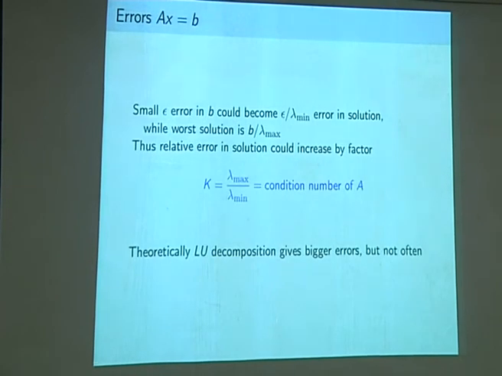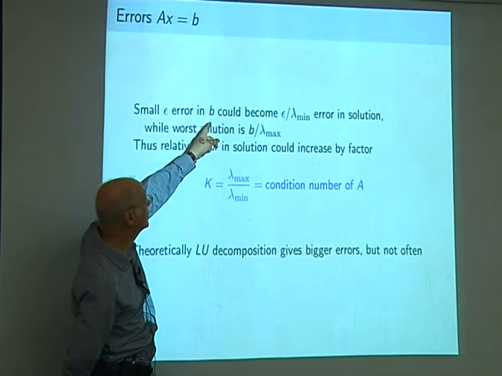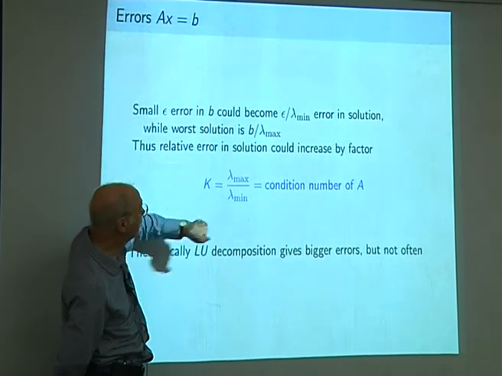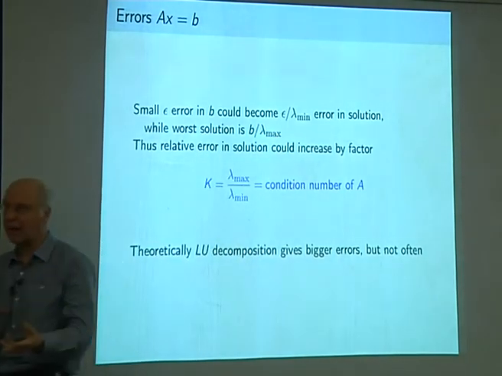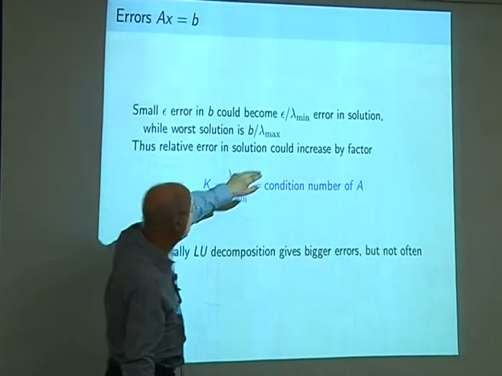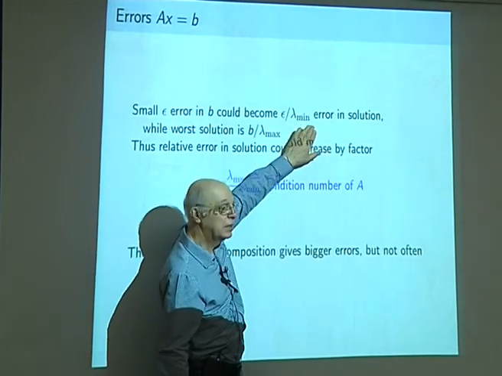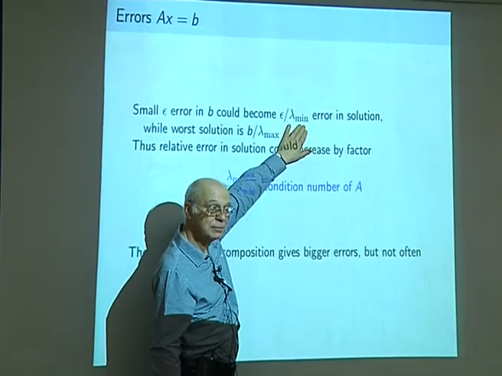Okay, errors. There's always an error. There's at least the rounding error in the calculation. So if there is a little error in B, a rounding error in B, because it's real numbers on a finite arithmetic computer, then when you solve AX equals B, you could be in the worst situation dividing by the smallest eigenvalue of the matrix.